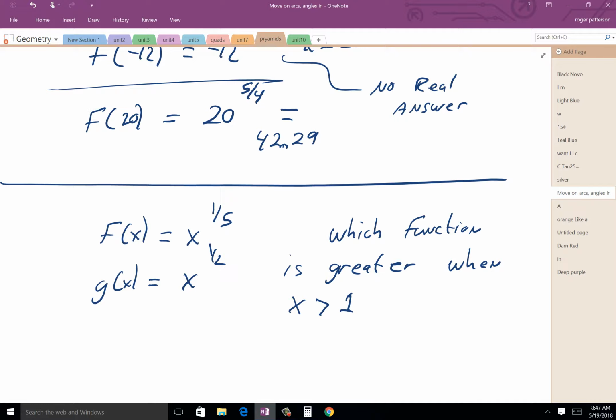And it wanted to know which function is greater when x is greater than 1. Well, here's 1 right there. And which function is greater? Well, that looks like the blue one is because it's up higher. And the blue one is x to the 1/2. So that's what I would write down. All right, x to the 1/2.